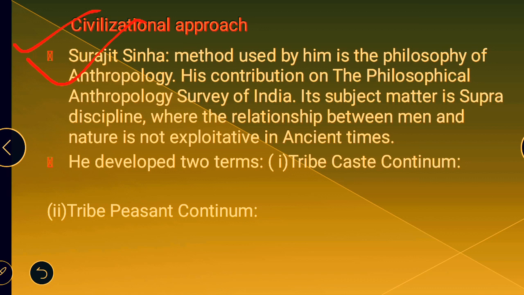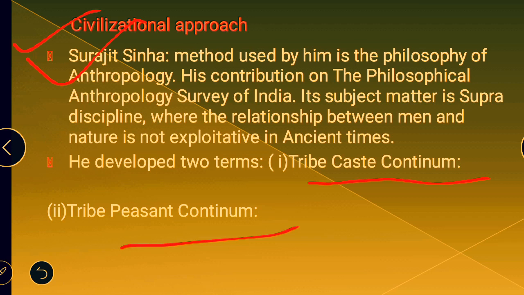So, from the examination point of view, Surajit Sinha's two terms, that is tribe-caste continuum and peasant continuum, are very important. Basically, the word continuum has been derived from Robert Redfield's work, right?